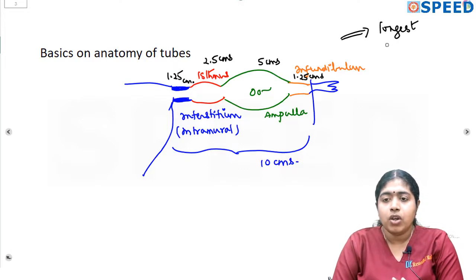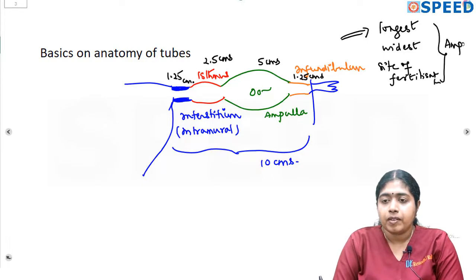So it's 10 centimeters. So basically, what are all the points of inference here? Someone asks you, what is the longest part of the tube? What is the widest part of the tube? What is the site of fertilization? Your answer is ampulla. Okay. What is the narrowest part of the tube?